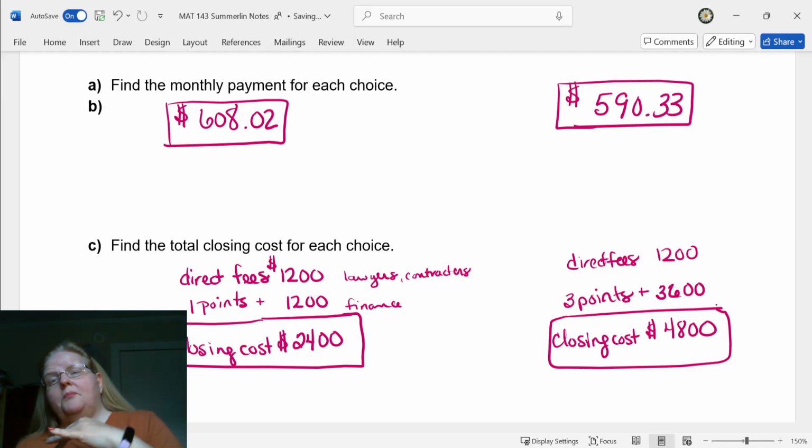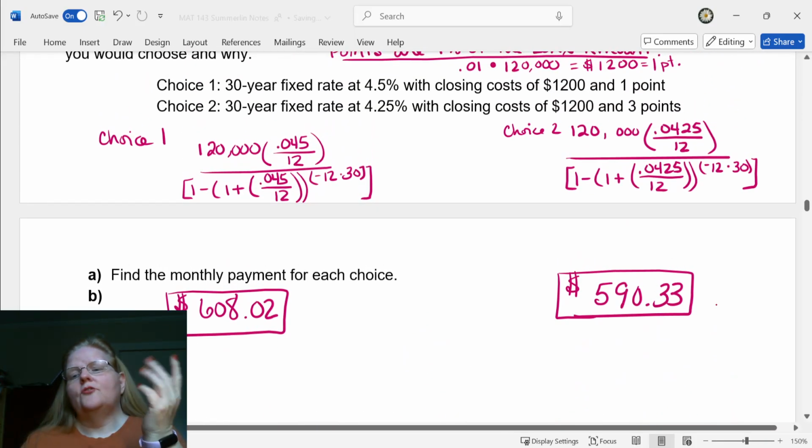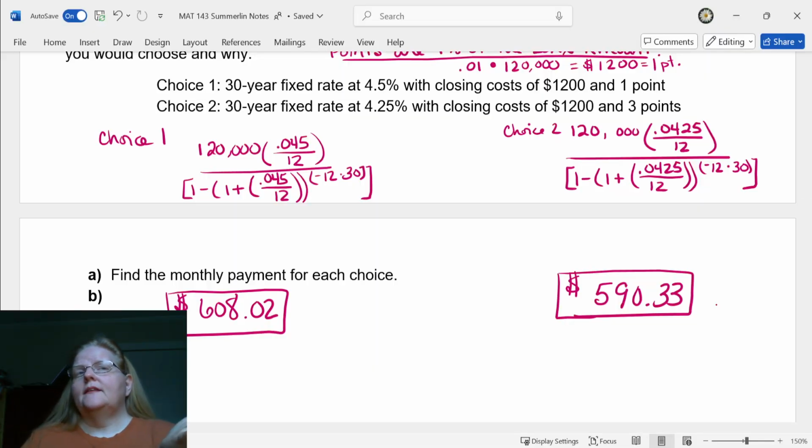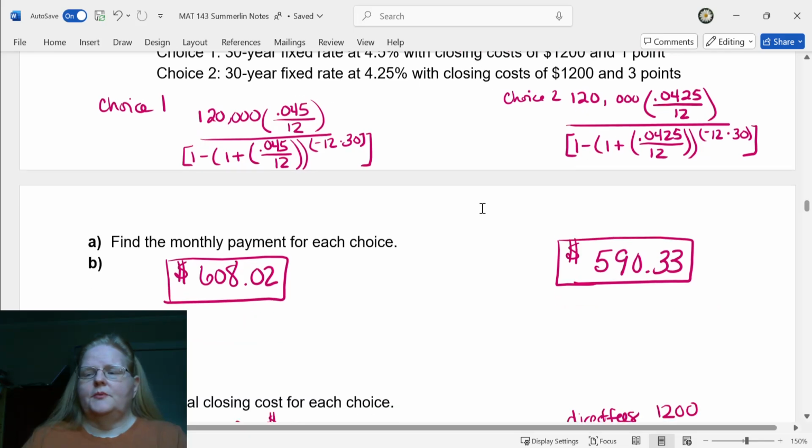They'll give you more points up front so that they can lower your interest rate, thinking that that would kind of entice you a little bit.